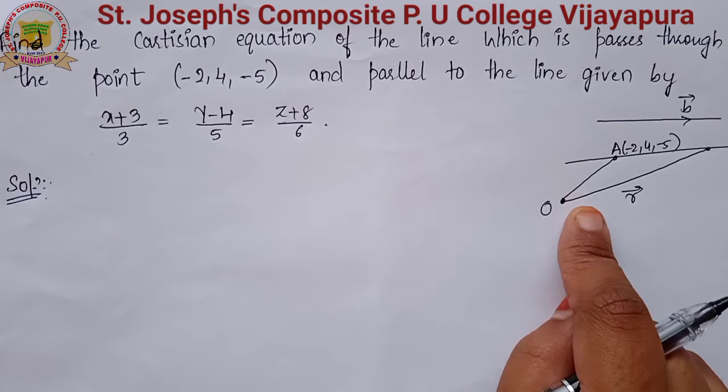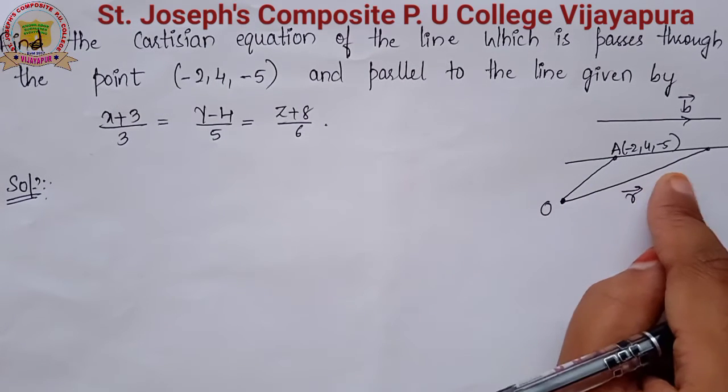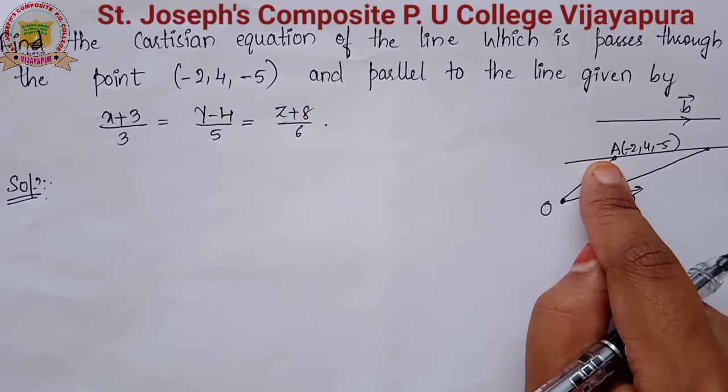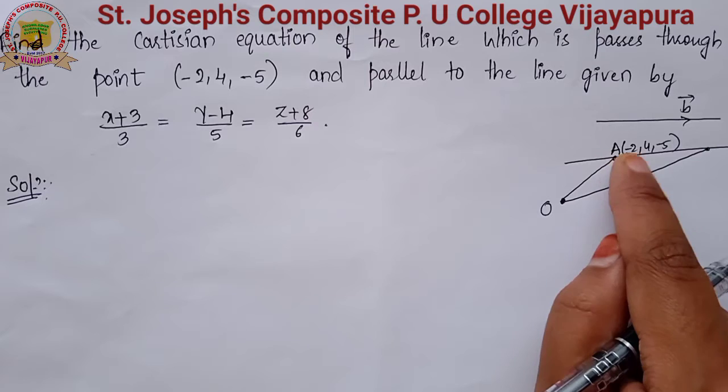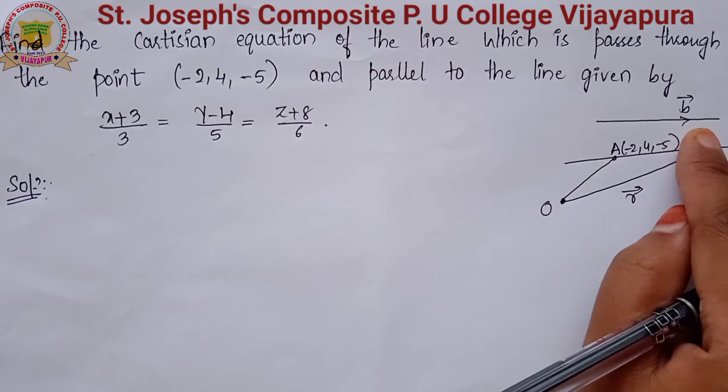See the figure. Here we have to find the equation of this line which passes through the point A having the coordinates minus 2, 4, minus 5 and is parallel to this line.